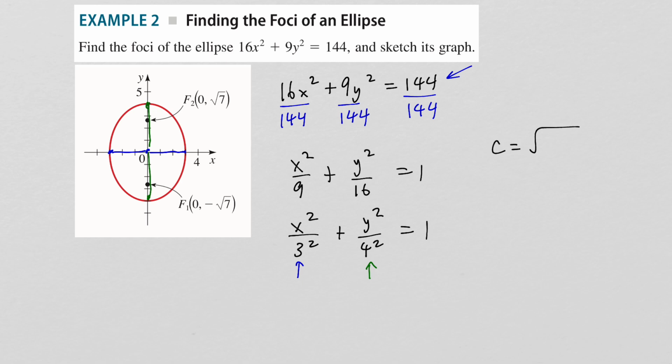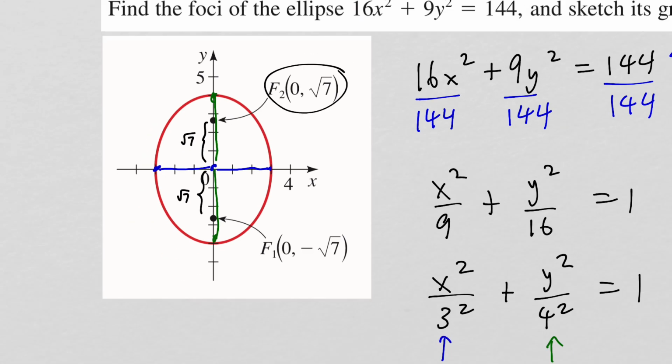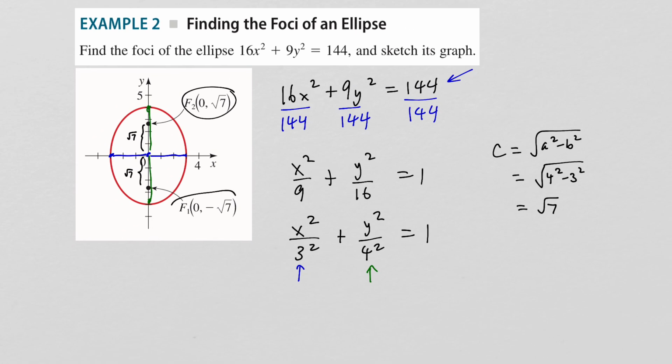And remember, c is the square root of a squared minus b squared, which in this case is the square root of 4 squared minus 3 squared, which is the square root of 7. And so the distance from the center to the focus is radical 7 in both directions. So one focus is 0, radical 7, and the other focus is 0, negative radical 7.